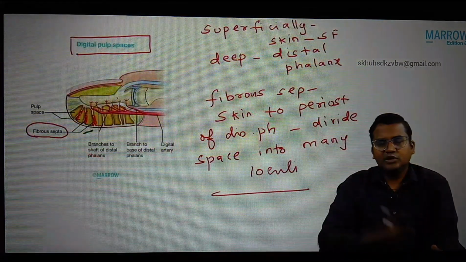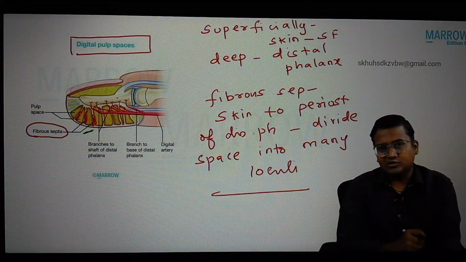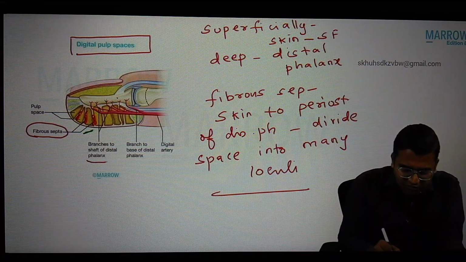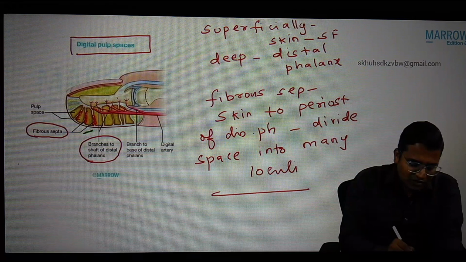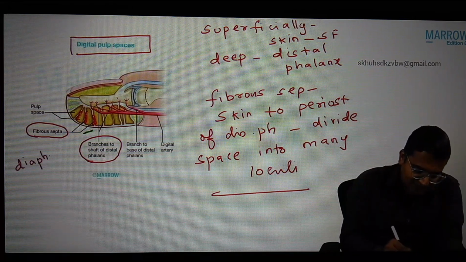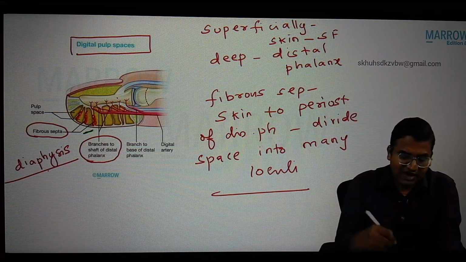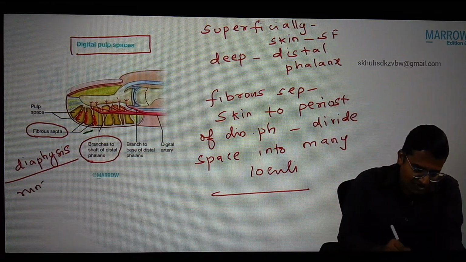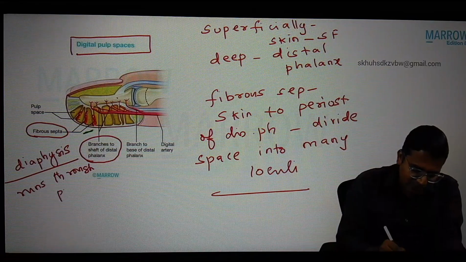Now what is passing through this space? We see one artery. What is the artery here? There is the artery to the shaft of the distal phalanx, or the artery to the diaphysis, which runs through the pulp space.